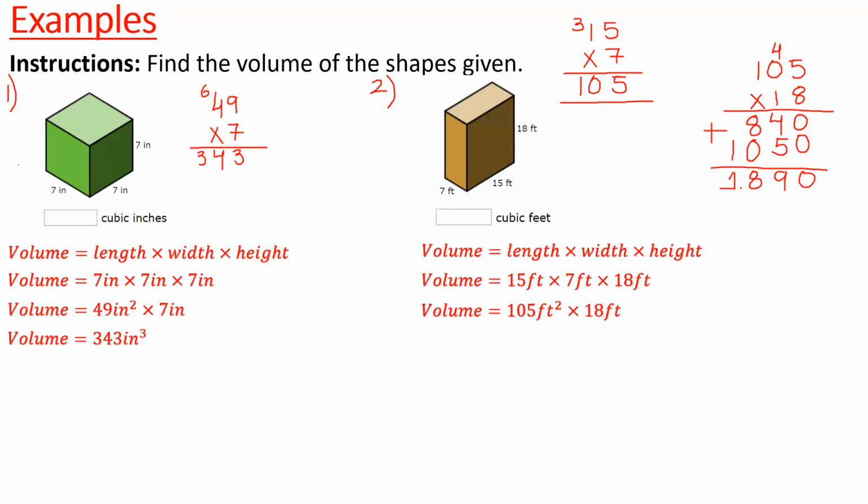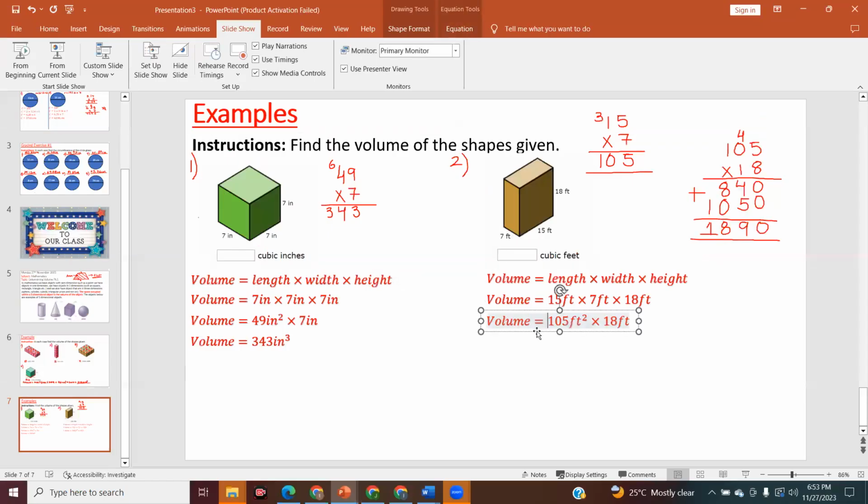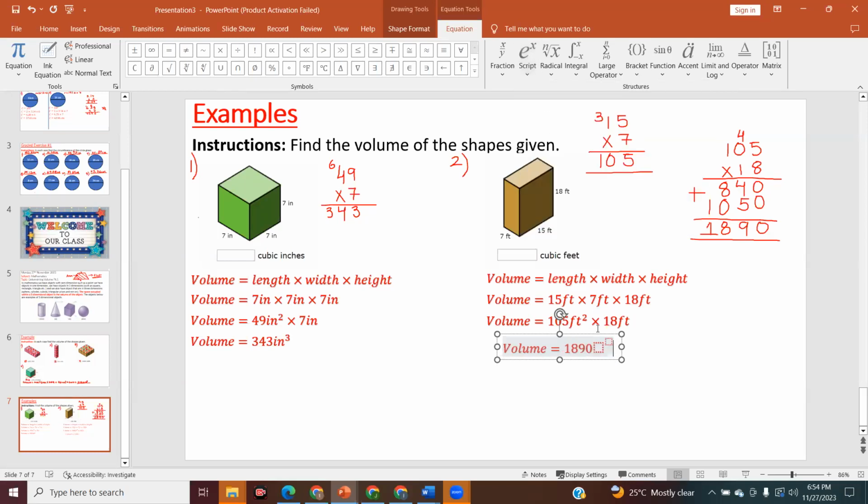So if we multiply 105 times 18, we get 1,890. That's going to be feet cubed.